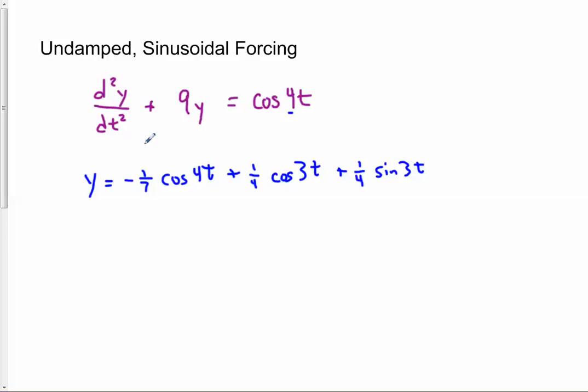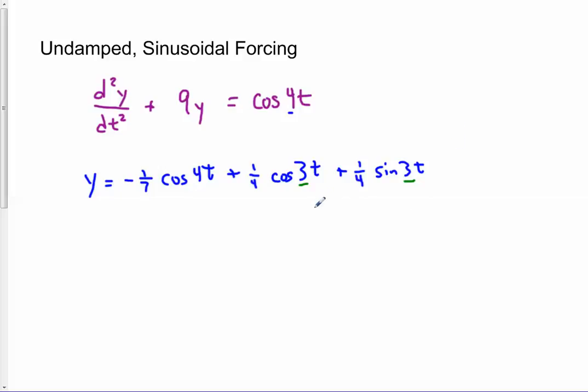Now here was the original problem, and here was our solution. What I want to point out again is that, remember, the natural homogeneous oscillator, without the forcing term, ended up with cosine 3t and sine 3t, right?